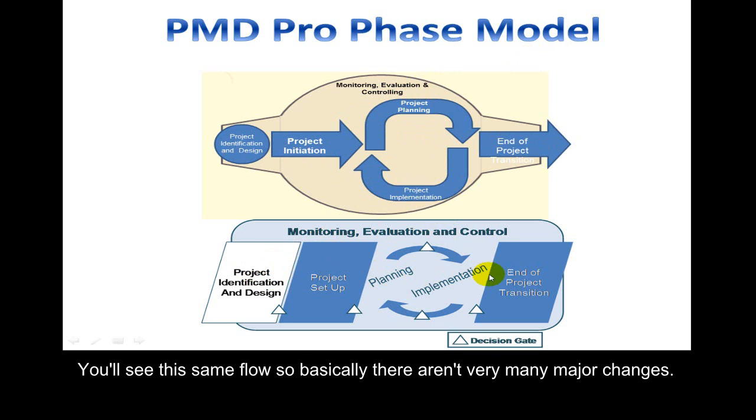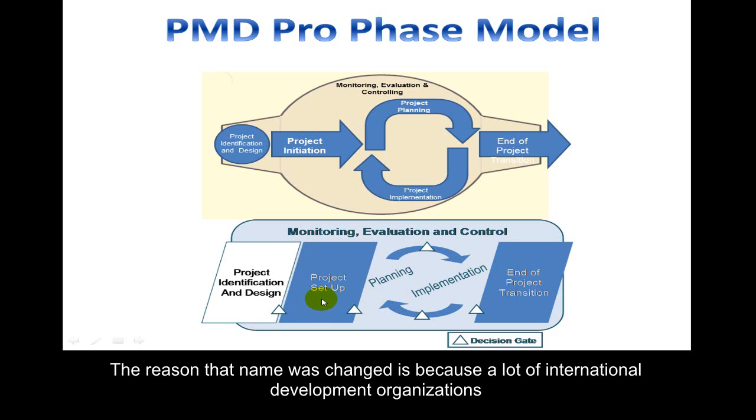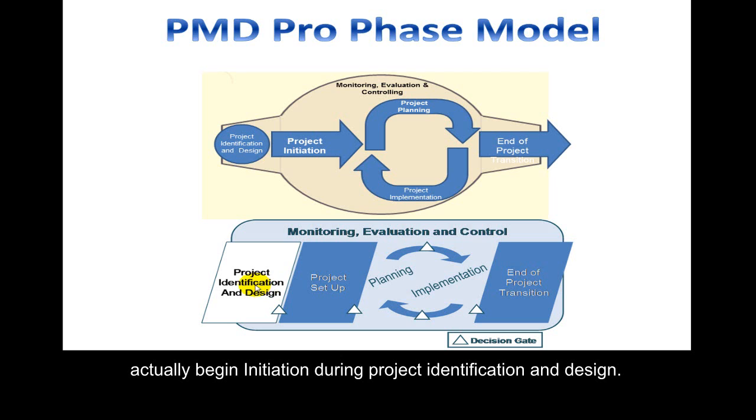You'll see the same flow, so basically there aren't very many major changes. This phase here that was called project initiation in the original version is now called project setup. The reason that name was changed is because a lot of the international development organizations actually begin implementation or begin initiation during project identification and design.